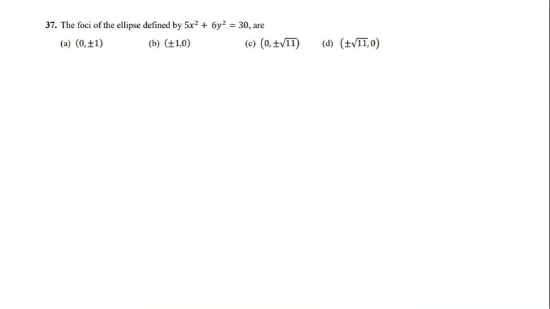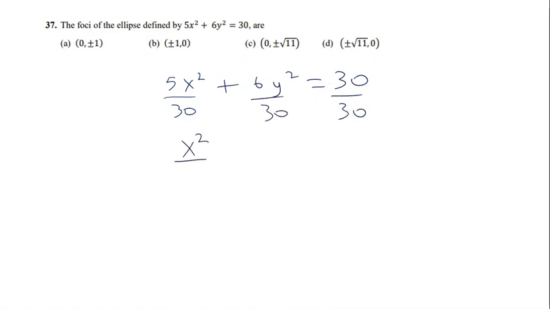Now the foci of the ellipse defined by 5x squared plus 6y squared equal to 30. Okay, let's write it in standard form. So how can we do it? You divide both sides by 30, and it will be x squared over 6 and y squared over 5 equal to 1.